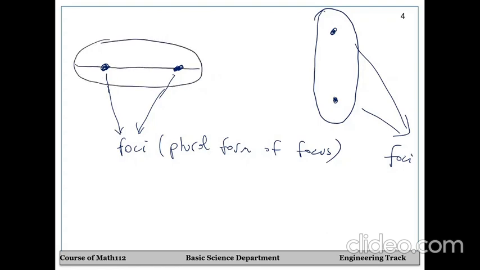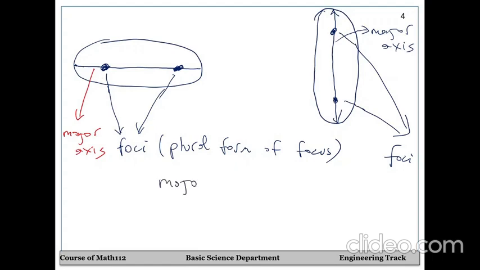We call this one the major axis. Now we have the same thing here for this one. This becomes the major axis. These 2 points are foci here.